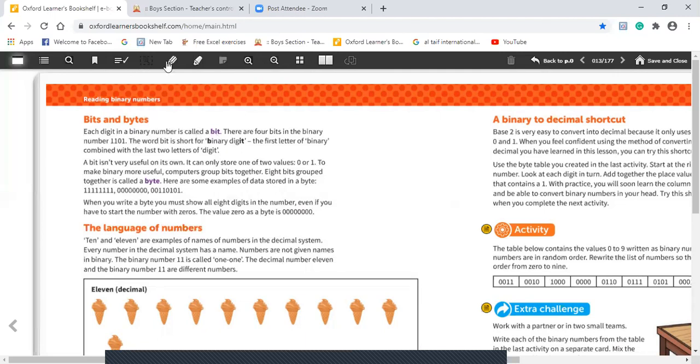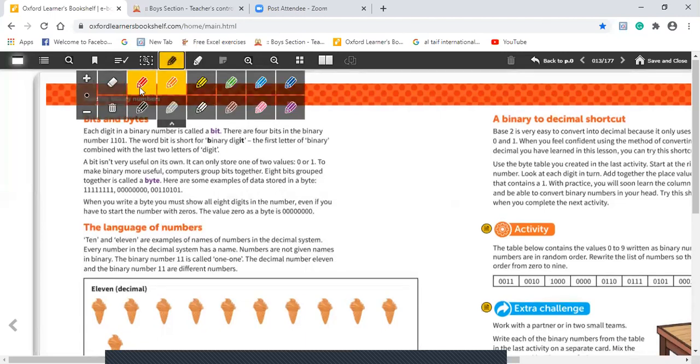From where did they take the name bit? From the binary digit. They took the B letter from the beginning of binary, and the IT from the end of the word digital. So combine both together, it's a bit.